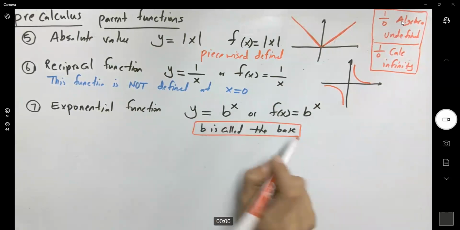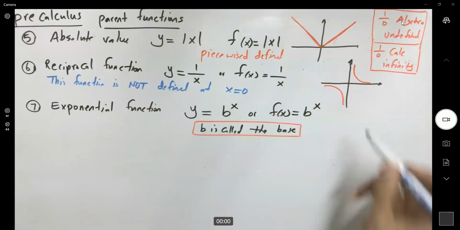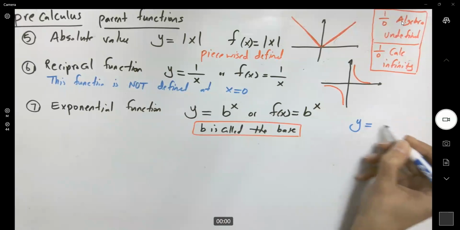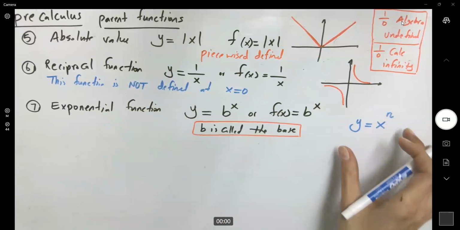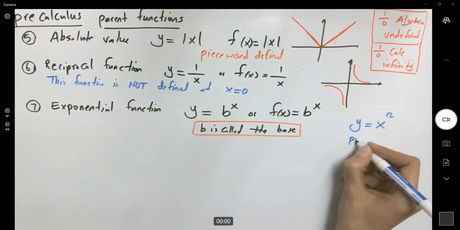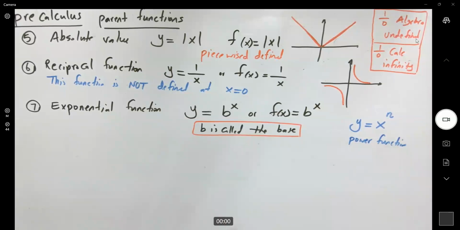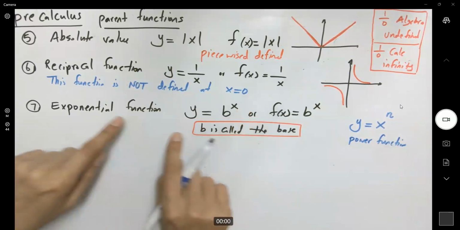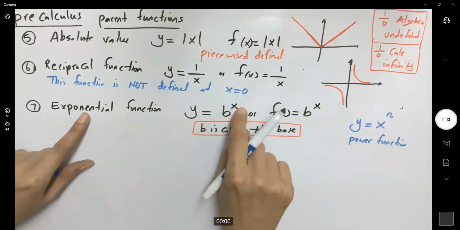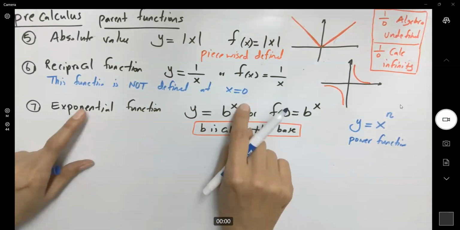Many students confuse exponential function with power function. Guys, note that if you have y equals x to the n, this guy is called power function. This function, b to the x, is called exponential function. Your exponent is a variable.